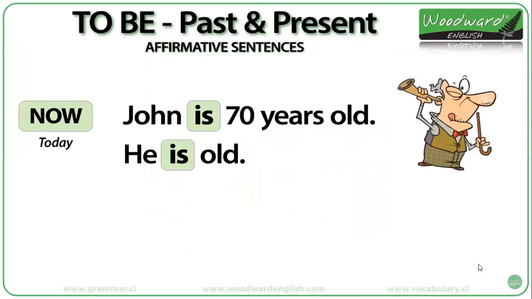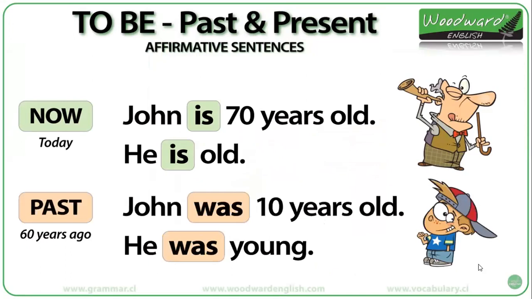John is 70 years old. He is old. Is is the present tense and it is used for now. John is 70 now, in the present. He is old now. In the past, 60 years ago, John was 10 years old.